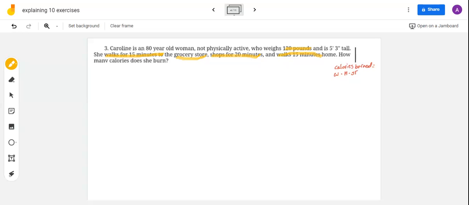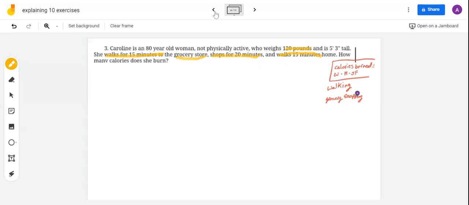I just kind of simplified it. So let's do this. Walking and then grocery shopping.